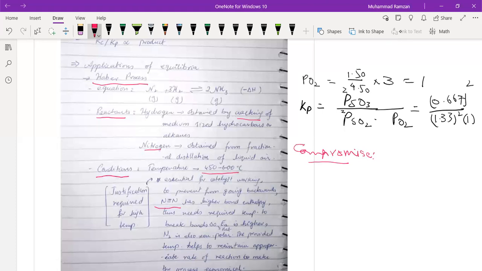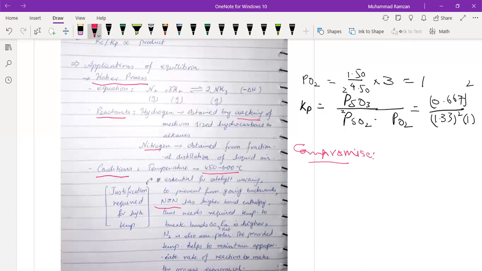This is the temperature that you are providing, and it is due to the role of the catalyst. You need 450 to 600 degrees centigrade. If you are not adding a catalyst, then the temperature required to break N2 might be about 1000 degrees centigrade. It means that due to the participation of the catalyst, this temperature is low.